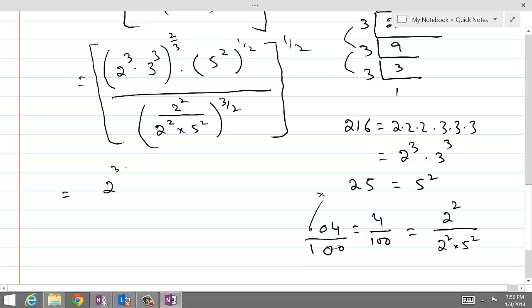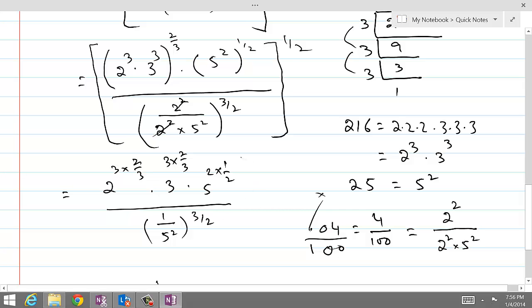2 power 3 has another power, that is 2 over 3, then 3 power 3 times 2 over 3, and 5 power 2 times 1 over 2, and here in the denominator we have 2 power 2, this can get cancelled with this, and we have 1 over 5 power 2, then power 3 over 2, and whole raised to power 1 over 2.